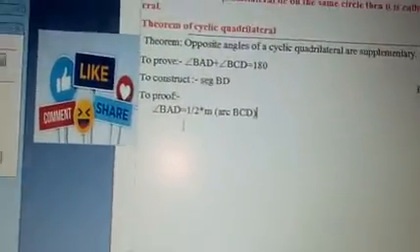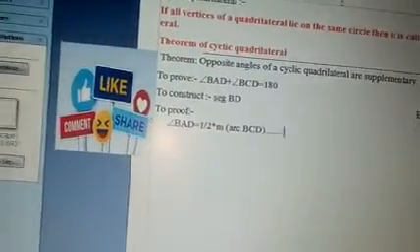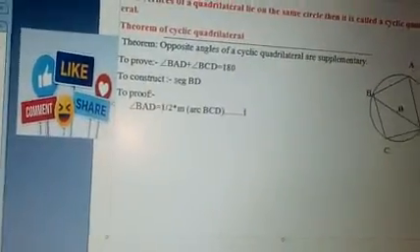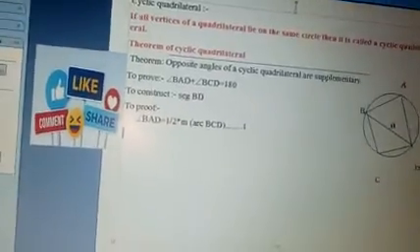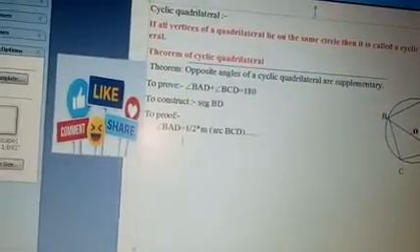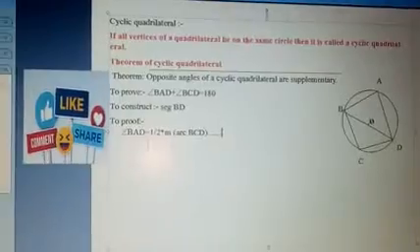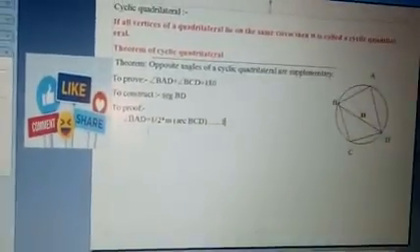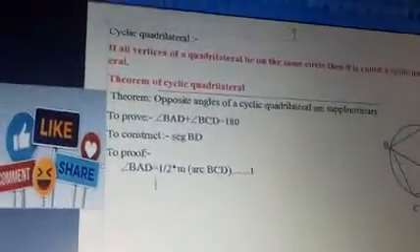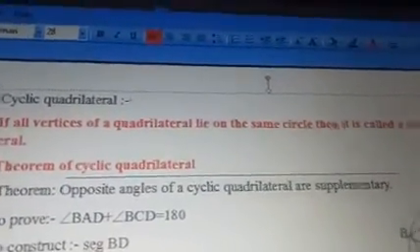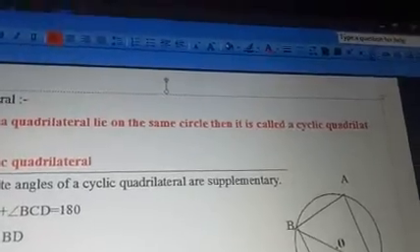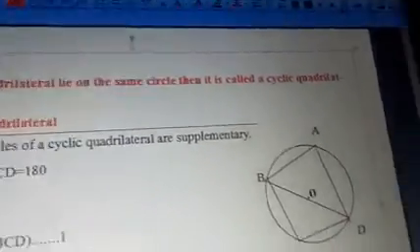So we consider it equation first. Similarly, in the diagram, angle BCD is also half of the measuring arc BAD.